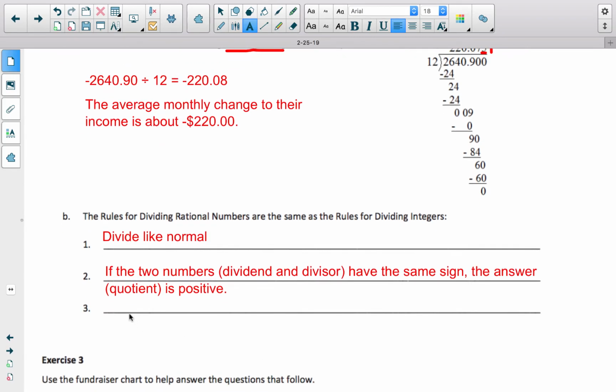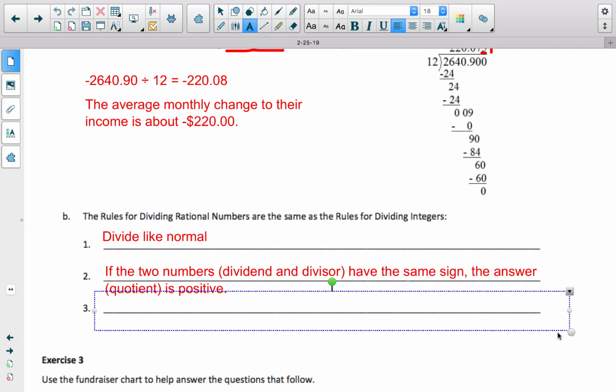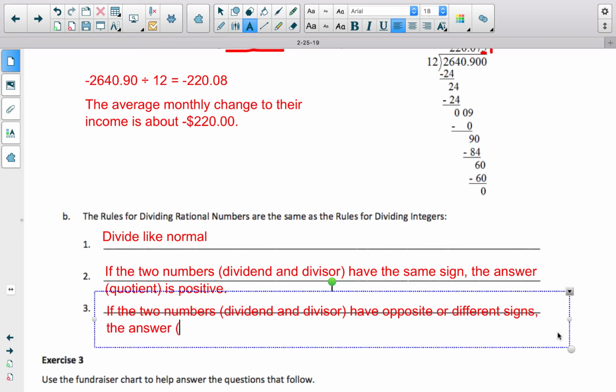Okay? Now down here, if the two numbers, the dividend and divisor, and you can probably guess where this is going, have opposite or different signs, the answer, meaning the quotient, is negative.